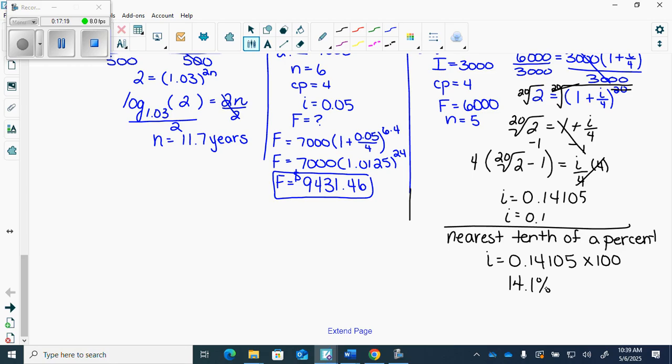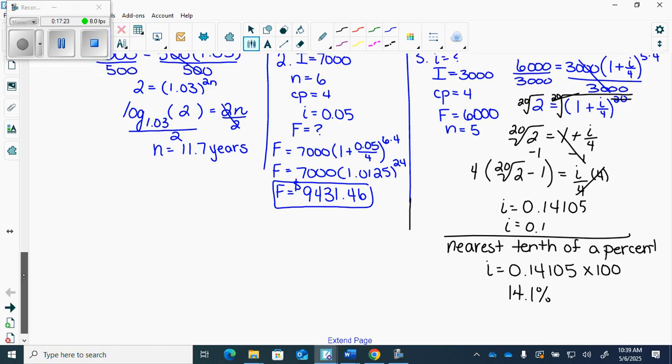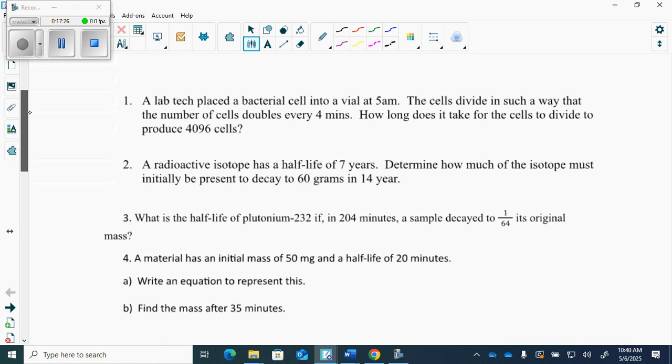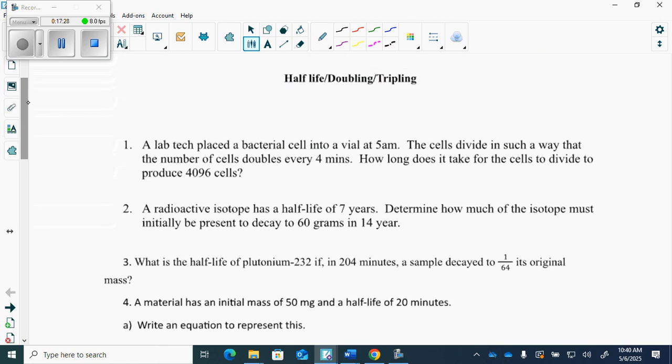Then we're going to move up to the very top. Doubling, tripling, half-life. This is our third type. Everyone paying attention? New formula. All right. So, if I have the original amount, what percentage do I have? I have 100%, correct?